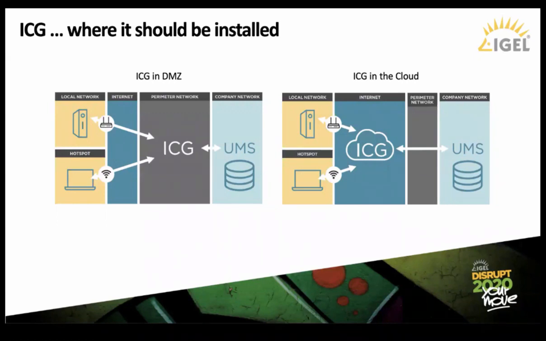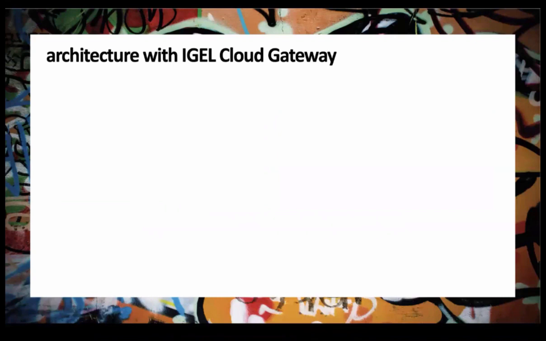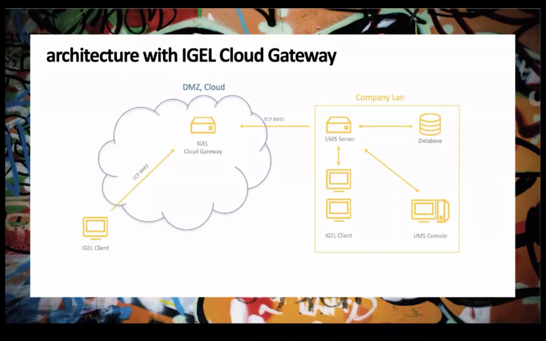A slight overview of the architecture with the IGEL Cloud Gateway. The right part, I think you're already familiar with. It's the company LAN. You have the UMS server, the database, the console to administer, and all the IGEL clients, or the IGELized clients, as I call them when you convert them.